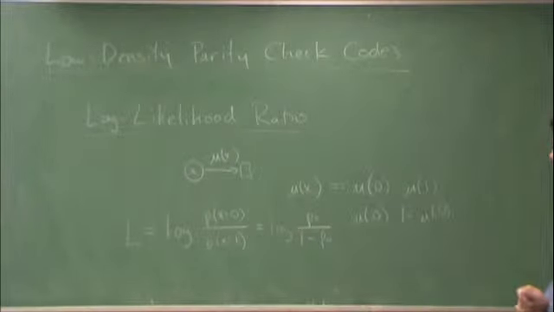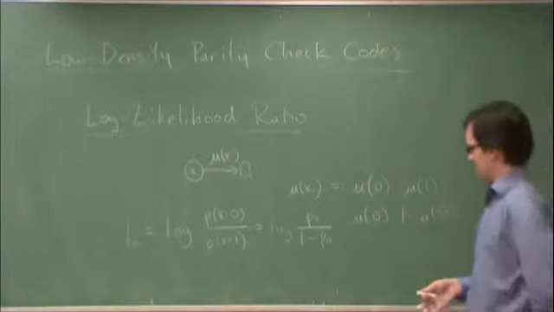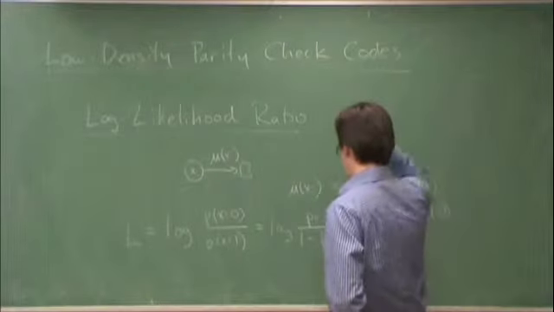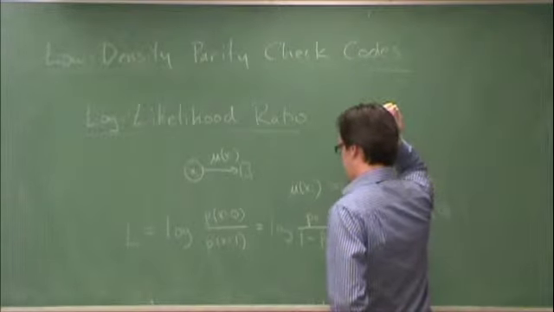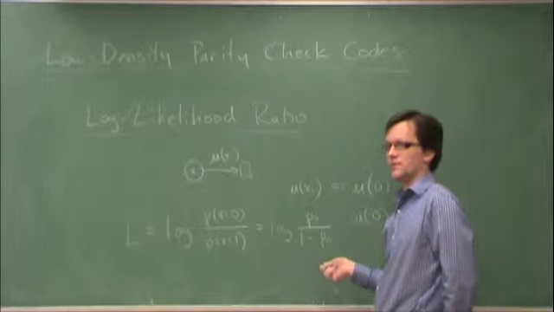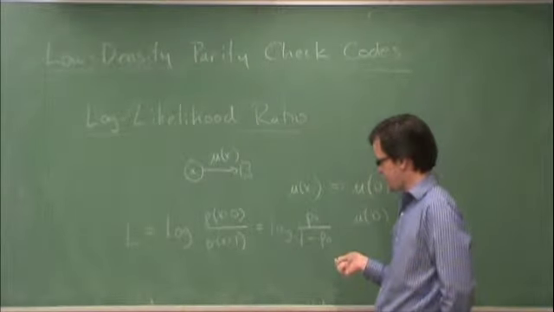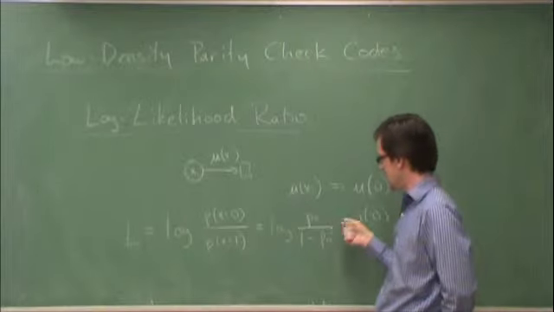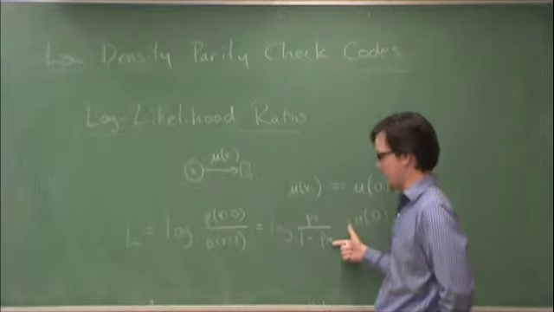So the log likelihood ratio is often used in decision theory, and it has lots of nice properties. For example, the range of this value is from minus infinity to infinity. It's equal to 0 if p0 is a half.